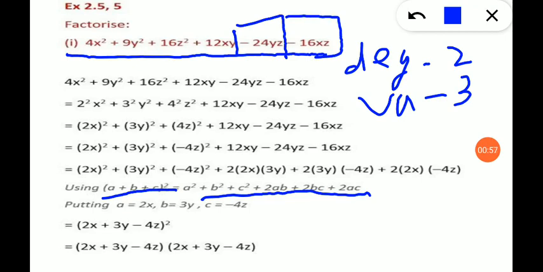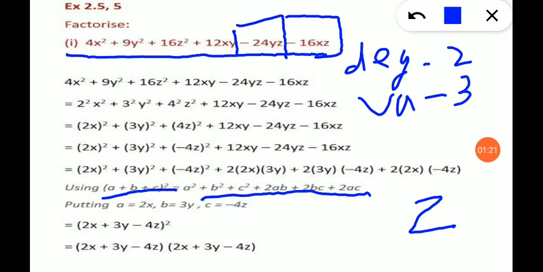These two terms are negative. So from there we will find out which variable is common. So if we see, the common variable in these two terms is z. Since z is common variable, which means that our z variable is negative.